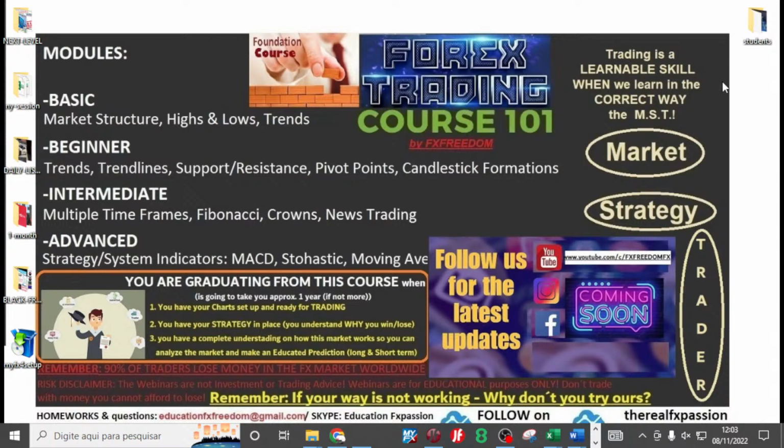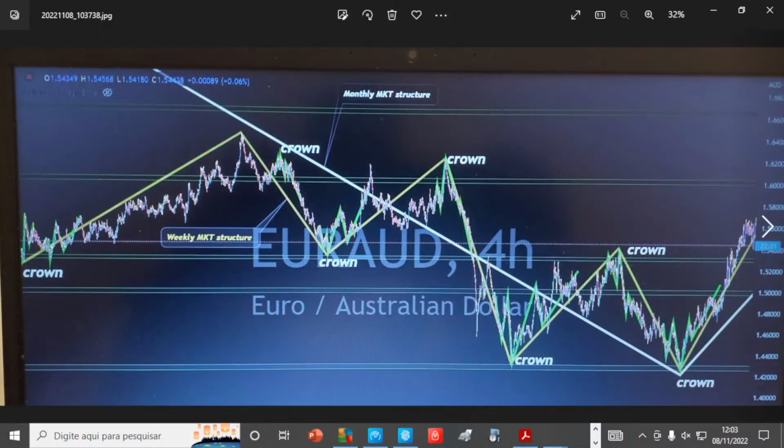That being said, everybody, homework from yesterday. So this is Julius' homework. So crowns, right? Market wave, Euro AUD. I'm not sure what chart this is. Is this the daily chart? 4-hour chart, right? So you have a crown in here, very good. Crown in here, crown in here, crown in here. Good job.